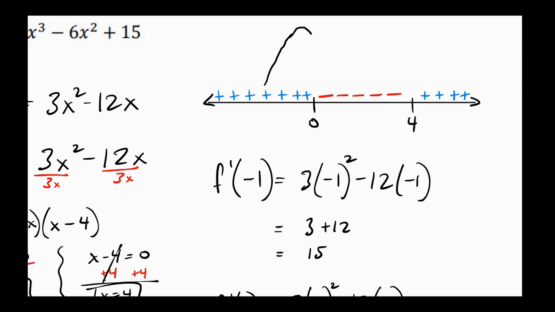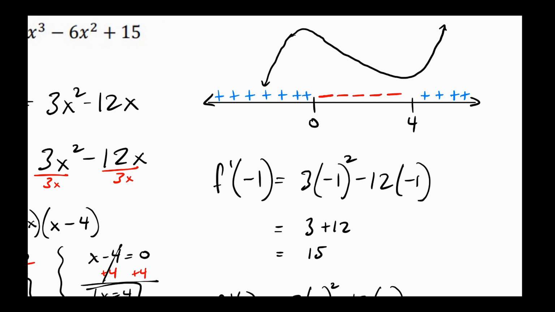When it got to 0, it was decreasing. And then at 4, it increased again. So from negative infinity to 0, it's increasing. From 0 to 4, it was decreasing. And then 4 to positive infinity, it was increasing again.